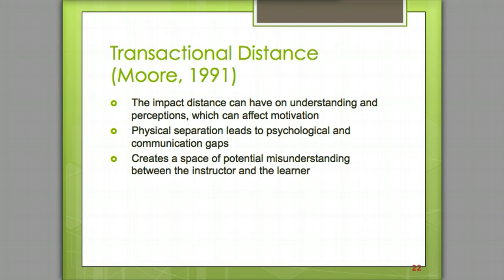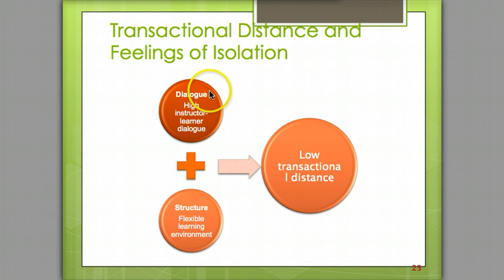Physical separation leads to psychological and communication gaps, which creates a space of potential misunderstanding between the instructor and the learner. This is referred to as transactional distance. High dialogue between the instructor and the learner, along with a flexible learning environment, leads to a low transactional distance and diminished feelings of isolation.